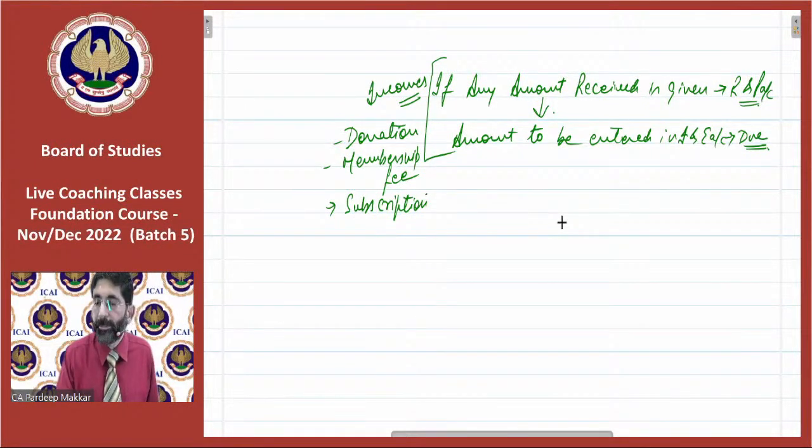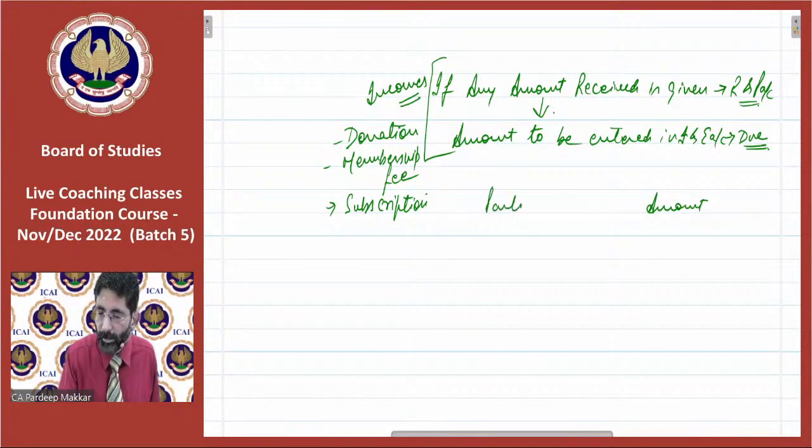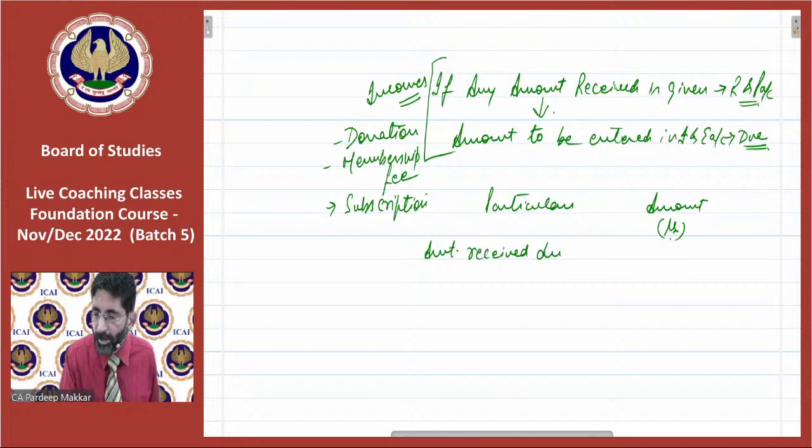So how to get it? First of all, you have to write the amount received during the year. It may be given in the trial balance also. Whatever the amount is, write it here.